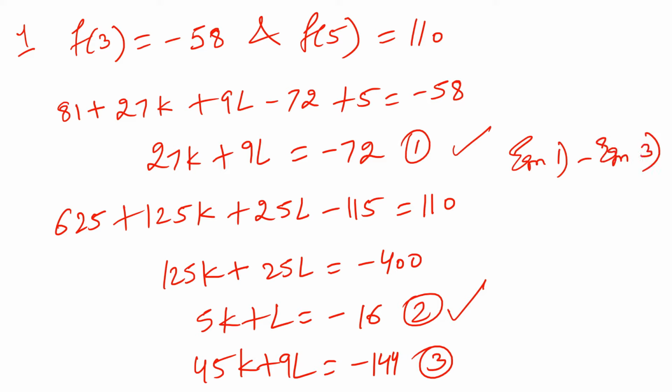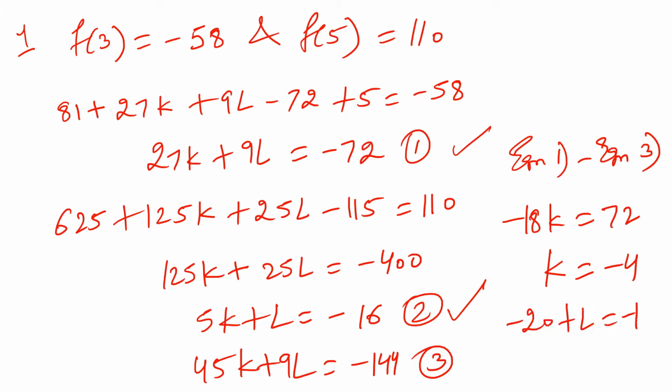We'll be getting 27k − 45k, that is −18k, equal to 72. Or in other words, k will be equal to −4. Right? And if we substitute k = −4 in equation number 2, we'll be getting −20 + l = −60, or l equal to −40.